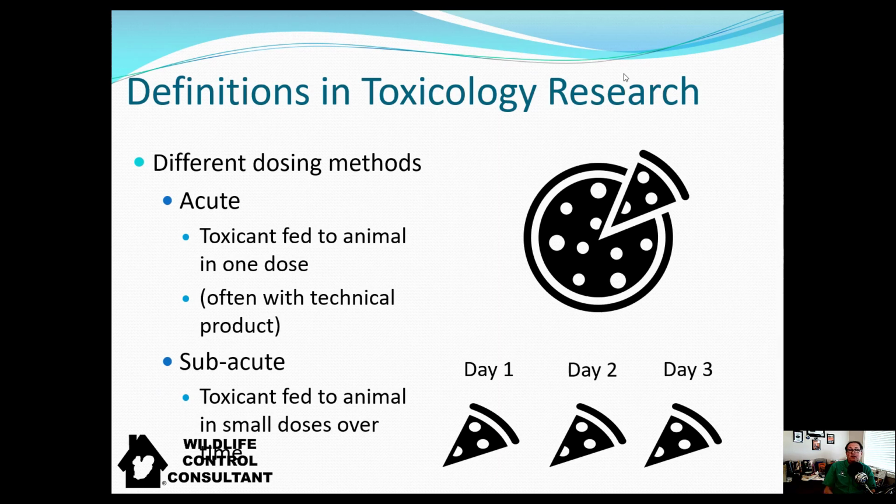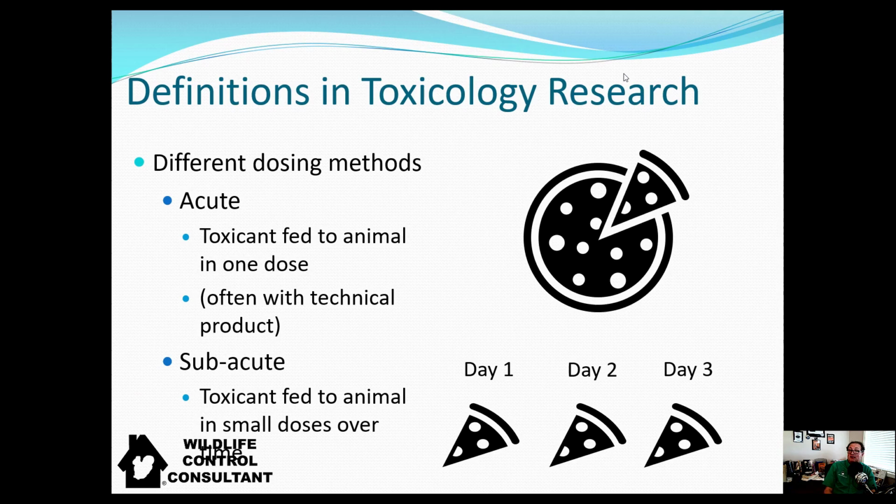Take an animal as big as a rat. A rat often weighs around 12 to 16 ounces, maybe a little more than a pound, but a pound is starting to become a big rat. That is less than half of a kilogram. So when they say 8 milligrams of this toxicant is needed to kill an animal that weighs 2.2 pounds, you're really talking about something more like 4 milligrams to kill that rat.